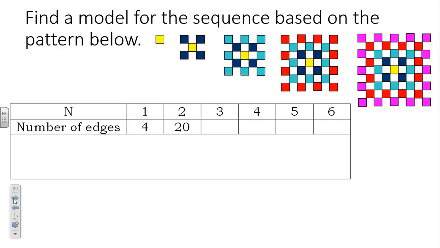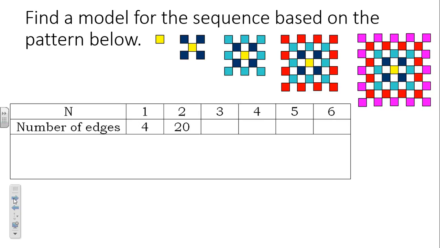So our first block, we're thinking about a quilt made of one block. How many seams or how many edges would we have to sew around that block? Well, first term, it's a square, 4 sides. So 4 edges.